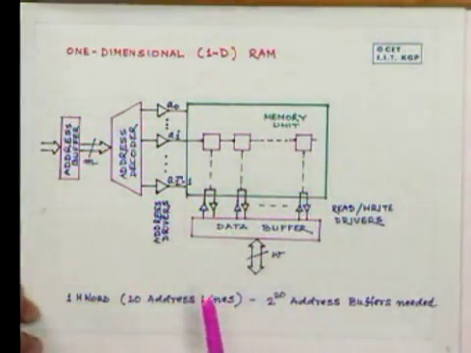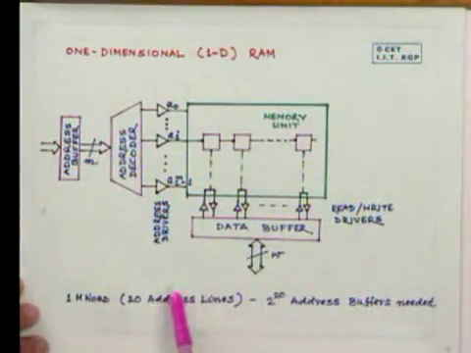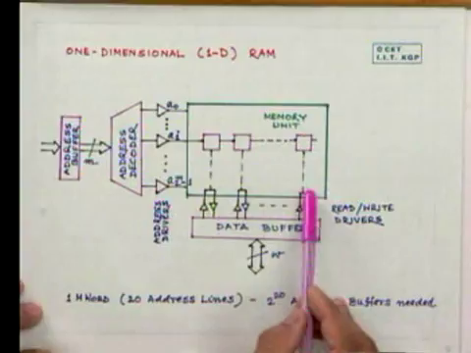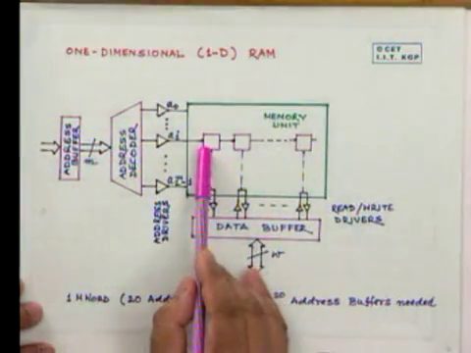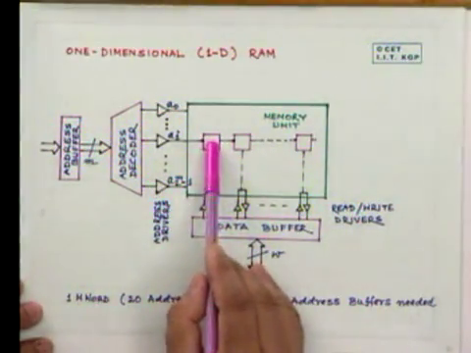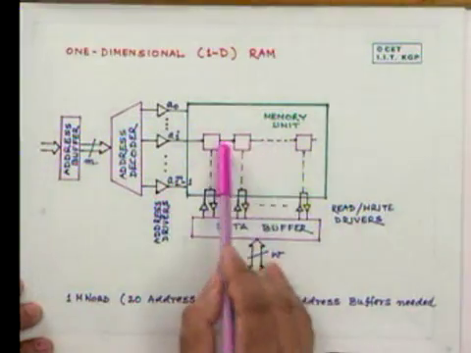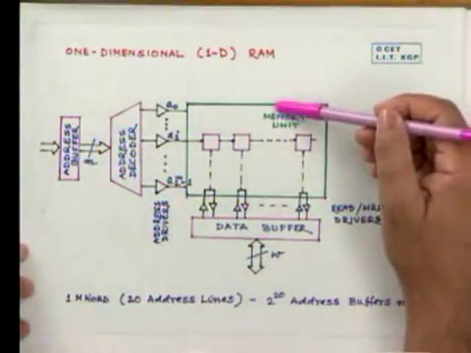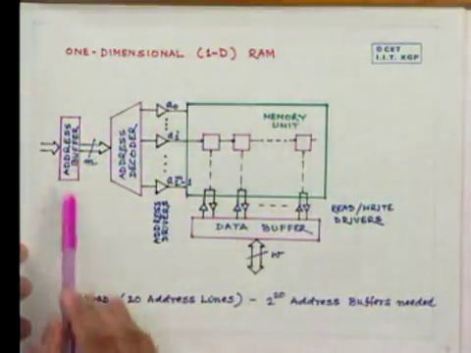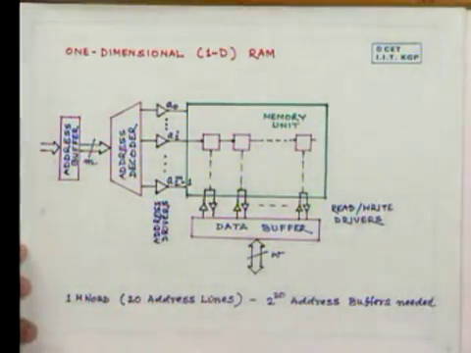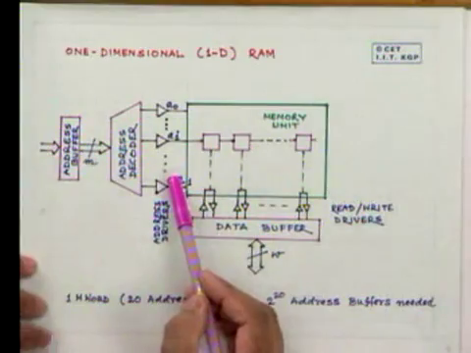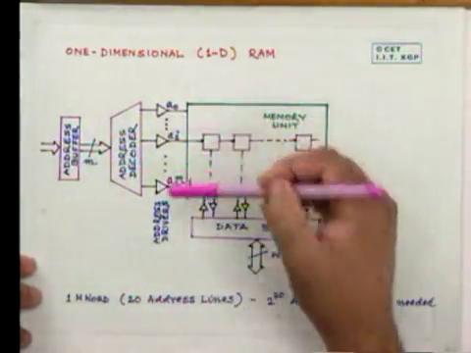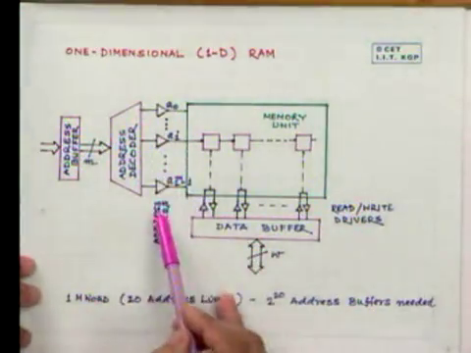Now you can see that if we have to have a 1 mega word, and I am assuming that a word is the minimum accessible unit, it may consist of several bytes. If we have a 1 mega word address, that means 20 lines here, then we will require 2 to the power 20 address buffers at these points, which is a huge thing.